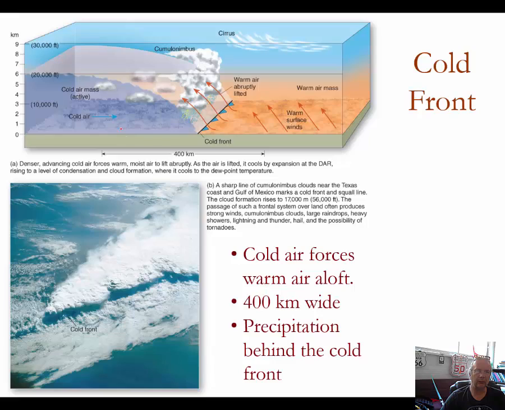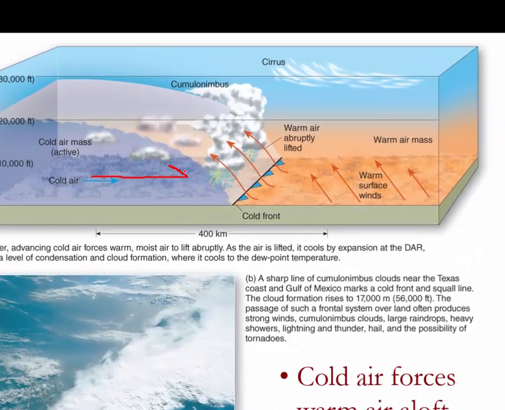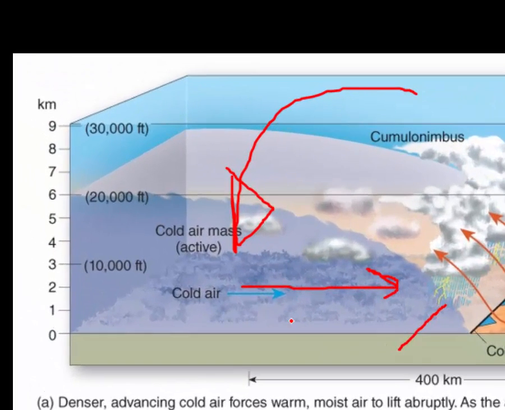Cold air moves into an area with warm air, and because it is denser, it holds closer to the ground. It forces warm air up abruptly. Oftentimes, if this warm air has plenty of moisture in it, that cold front will feature a line of thunderstorms, and then behind it, cold, clear air.